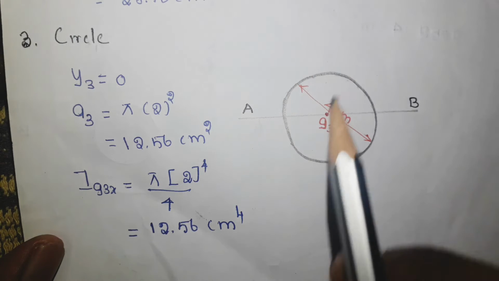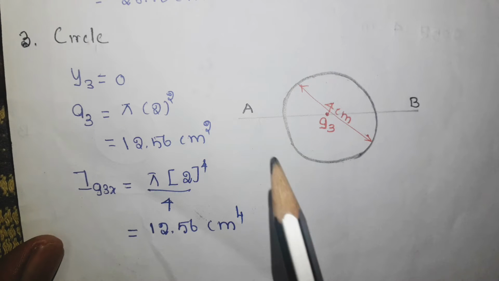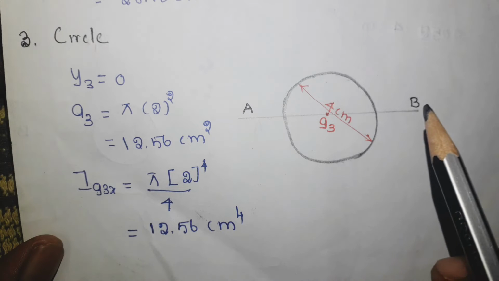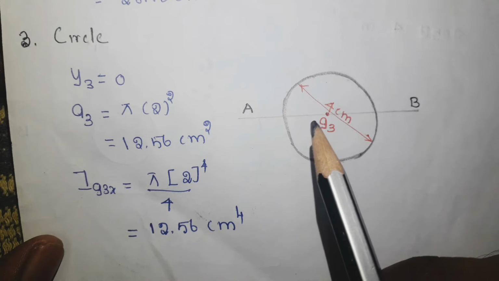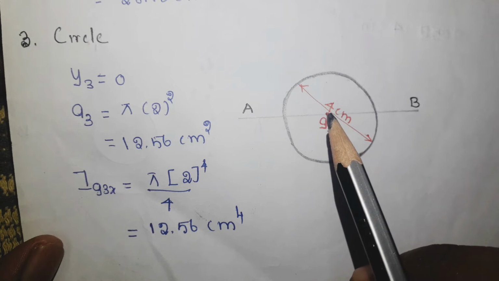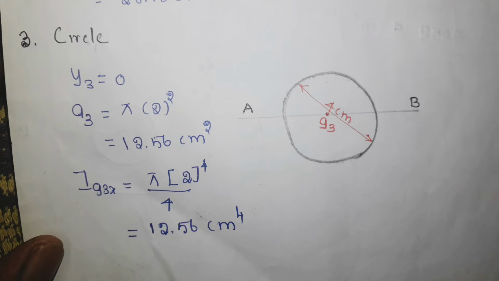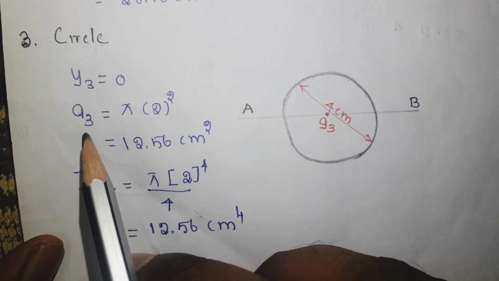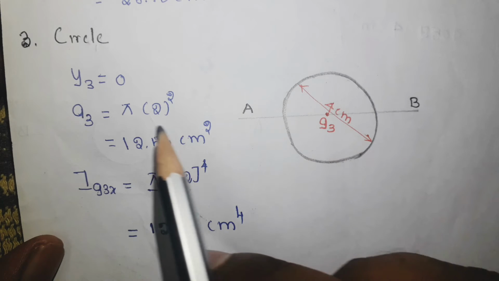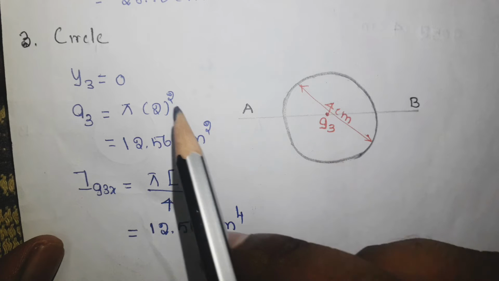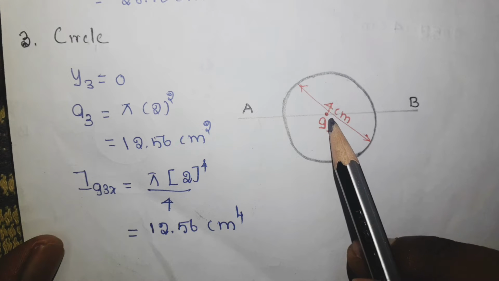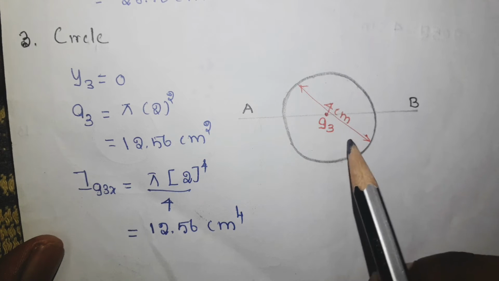The next object is this circle, and here is the position of the axis AB. You see here this axis AB is passing through the centroid G3. So y3 is now 0. There is no distance between G3 and the AB axis. Then A3, it is the area of this circle, which is pi r square, and in the place of r substitute 2 because the diameter is 4 centimeter.